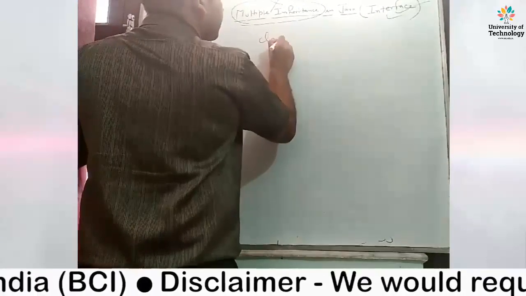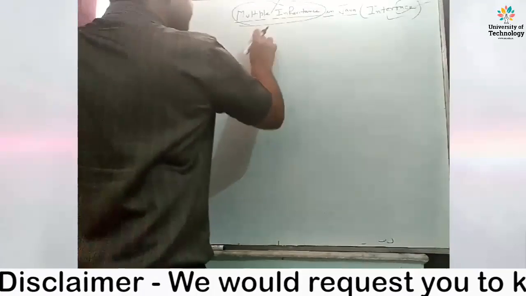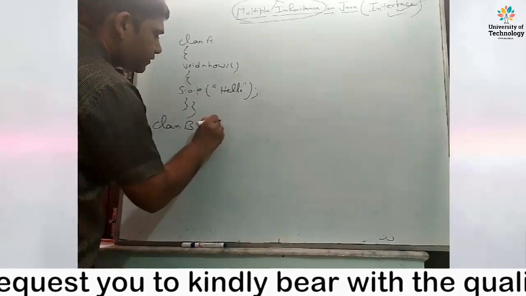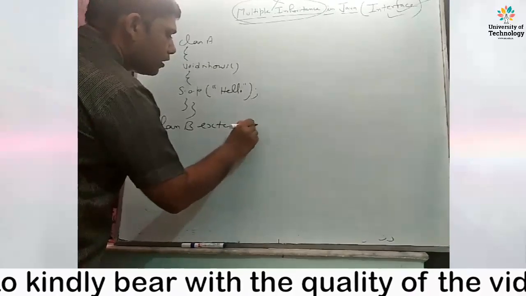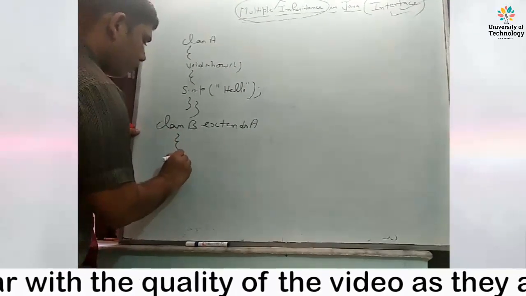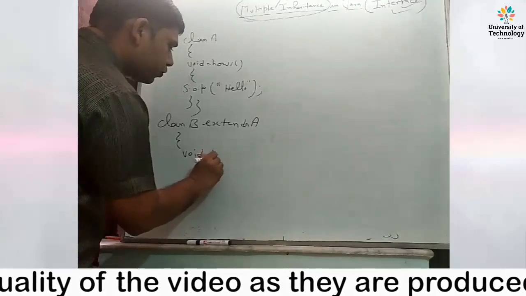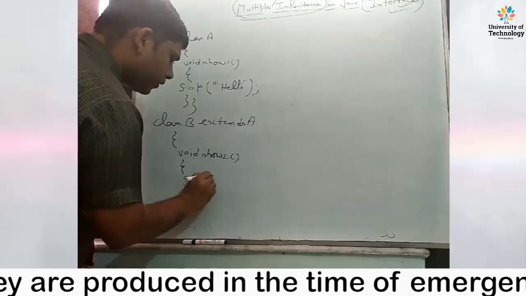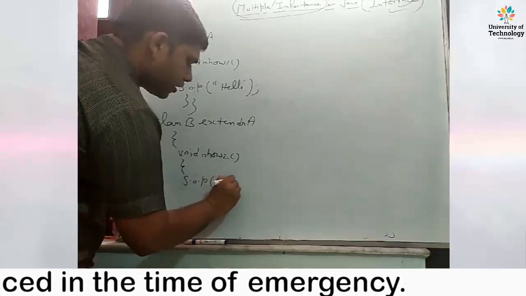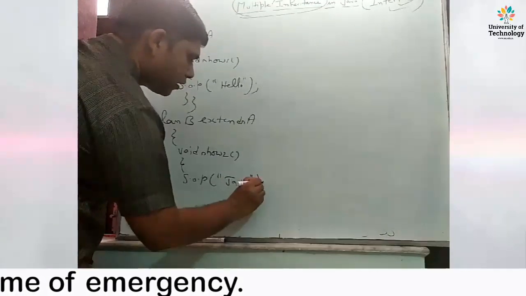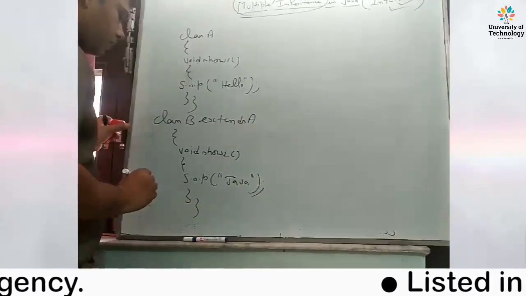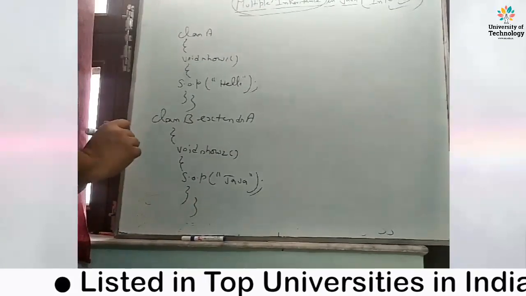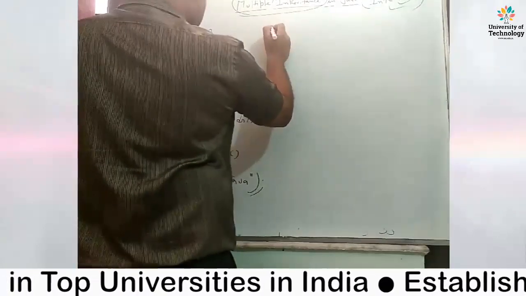Class B extends A, void show2, System.out.print Java.